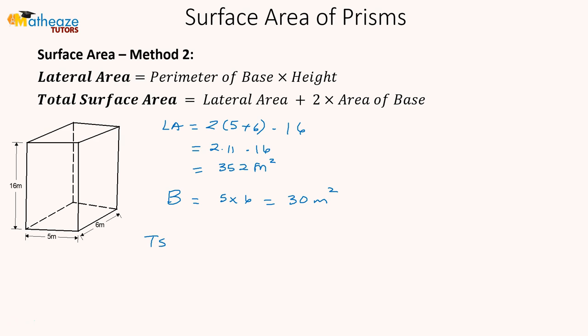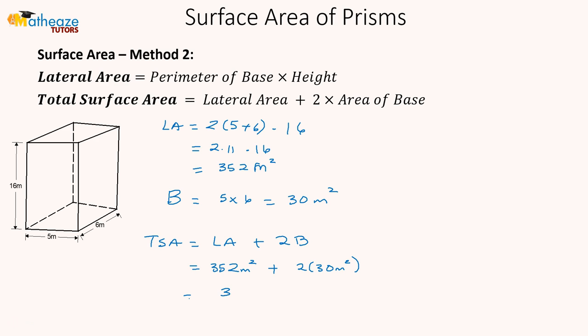So our total surface area is lateral area plus 2 times the area of the base, which is going to give us lateral area is 352 square meters plus 2 times 30 square meters.